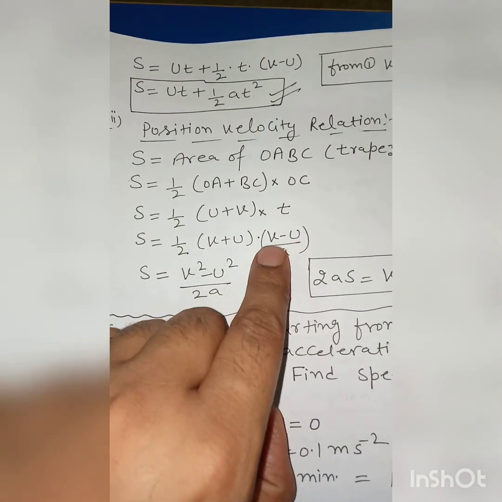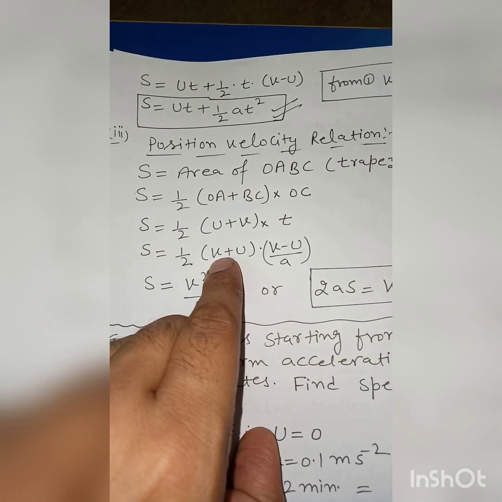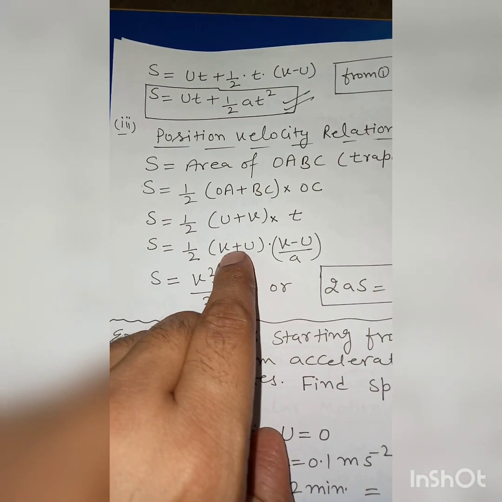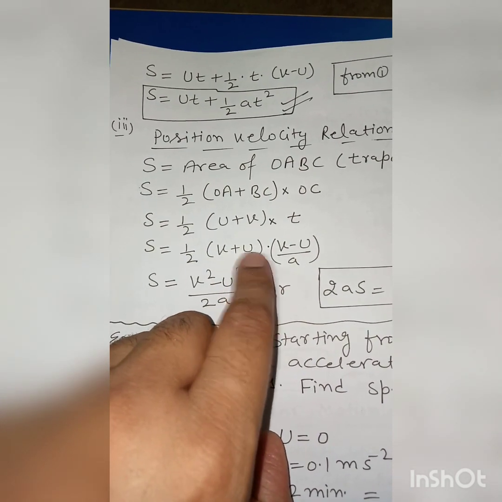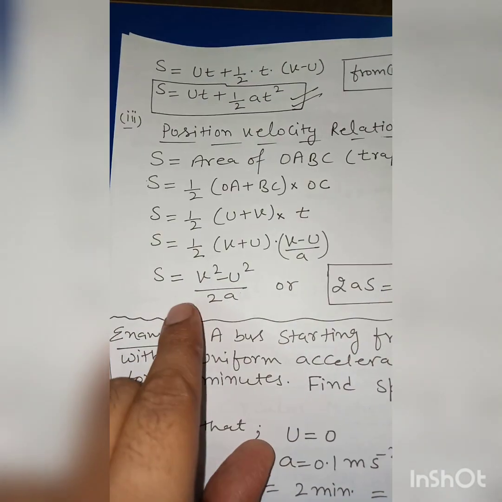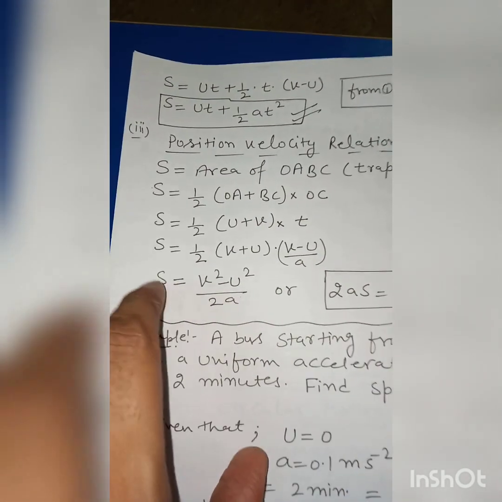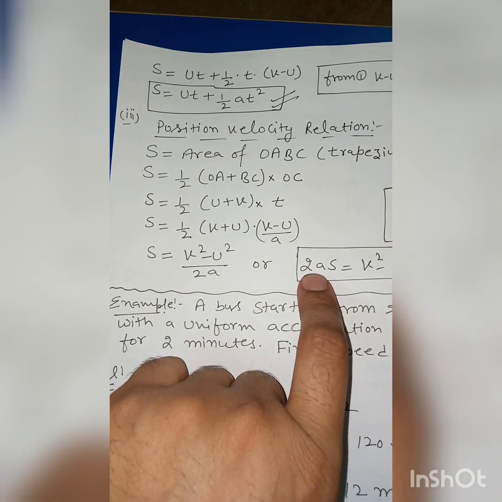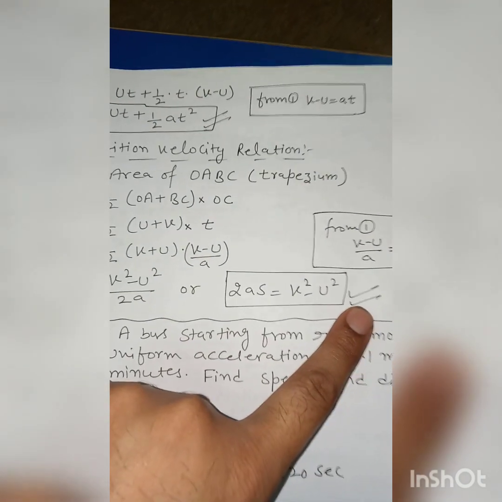T will be V minus U upon A. Now use formula of a plus b into a minus b, this is a square minus b square upon 2a. 2a will go here. Then 2aS equal to V square minus U square. This is third equation of motion.